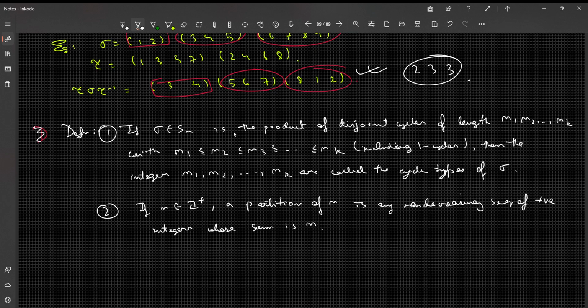I guess the concept of partition is pretty well known.